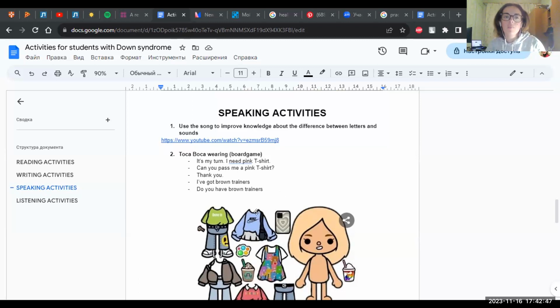My favorite song, not just for students with Down syndrome, because fortunately I don't have any, and I don't know how to work with them. It's a very big challenge for me. I'm learning here. I chose the song to improve knowledge about the difference between letters and sounds. It's an ABC song with letters and sounds, like A is for apple.